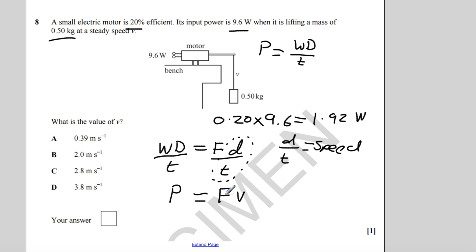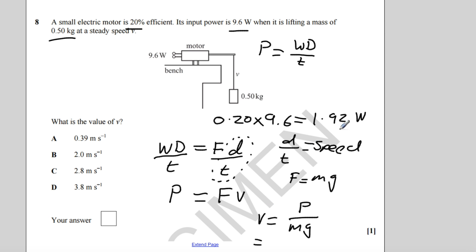So power is the force times the velocity. So here, what have we got? We've got the power, and we haven't got the force, but we can find the force because the force is the mass times the acceleration due to gravity. So if we rearrange it for velocity, then we have the power divided by the mass times the acceleration due to gravity.